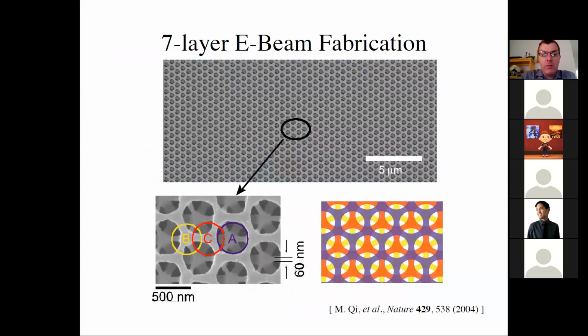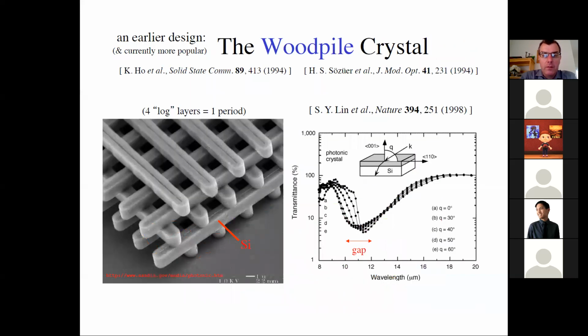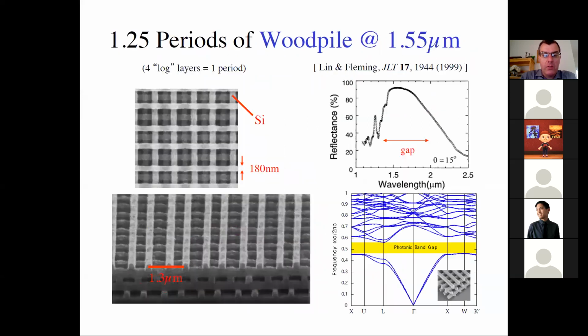People have done these things with electron beam lithography, which is the same stuff used to make integrated circuits these days. People have done log piles. Those are really popular structures. They have very nice band gaps. The problem is making very large log piles is time-consuming and expensive.